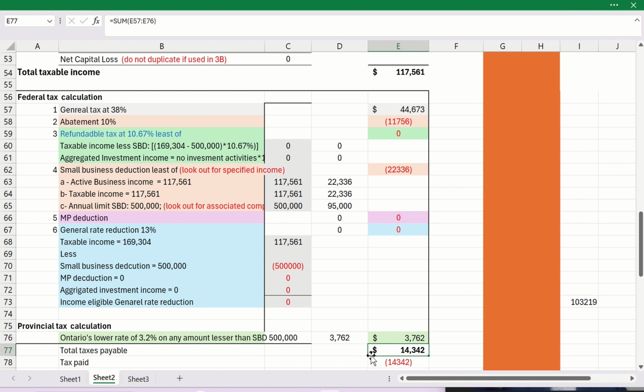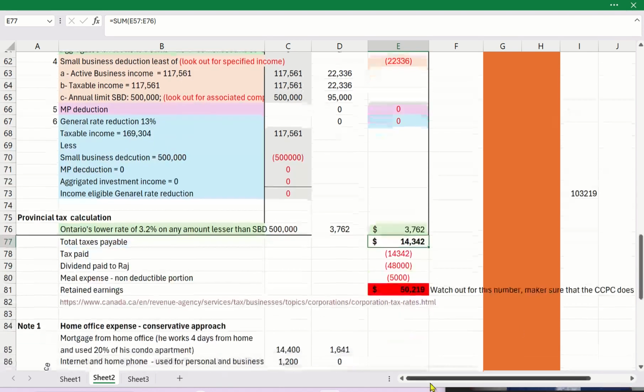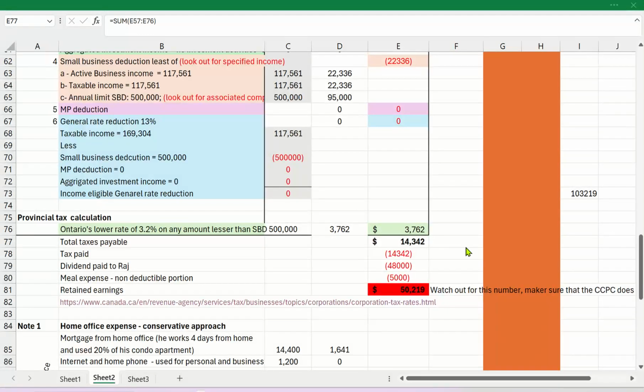So the tax paid: he already paid the tax right before the year finished. He has a good accountant, so he estimated that and paid it off. He also paid a dividend to Raj for this amount, $48,000, and you can see that here.